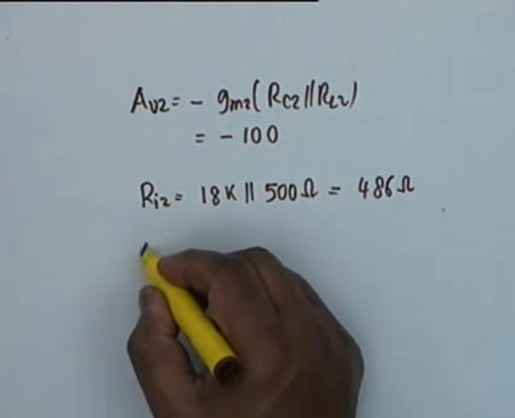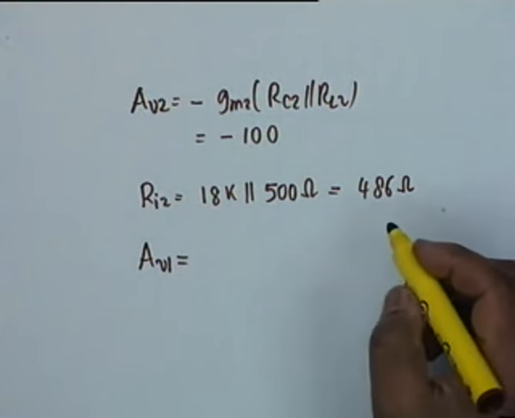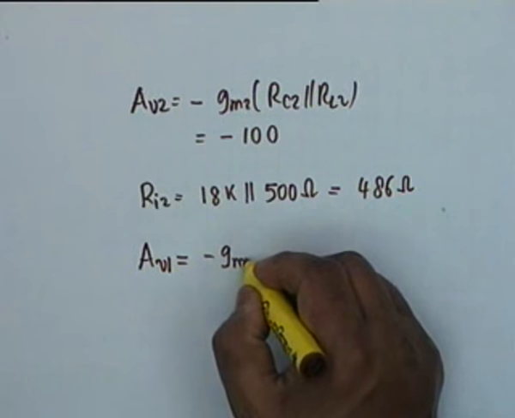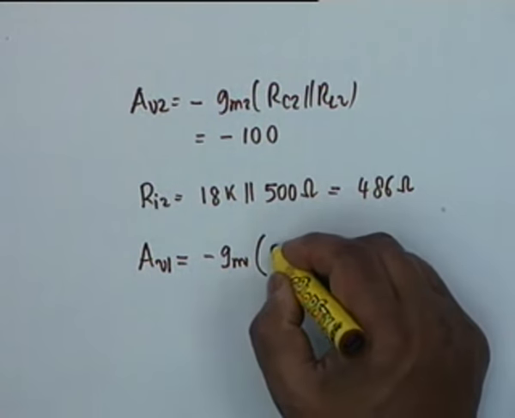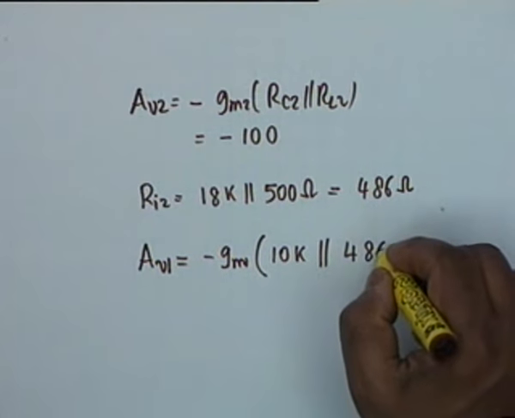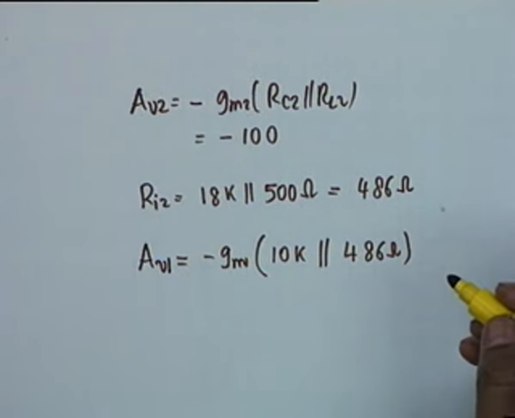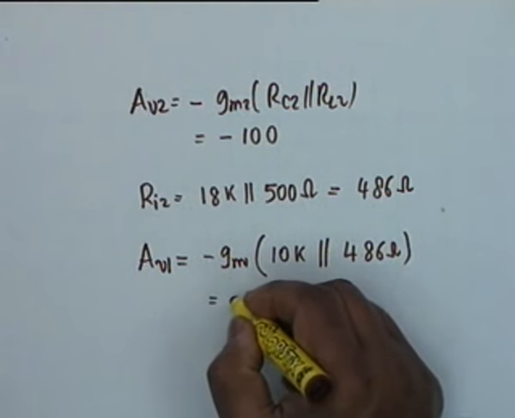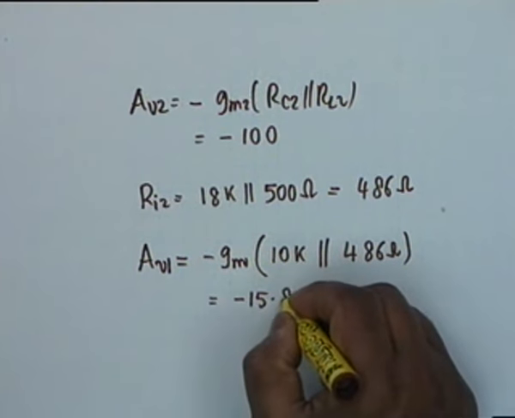Therefore, now we can calculate AV1. AV1 would be minus GM1 multiplied by the effective load, 10K parallel 486 ohms. It will become quite low, and this comes out as minus 15.8.